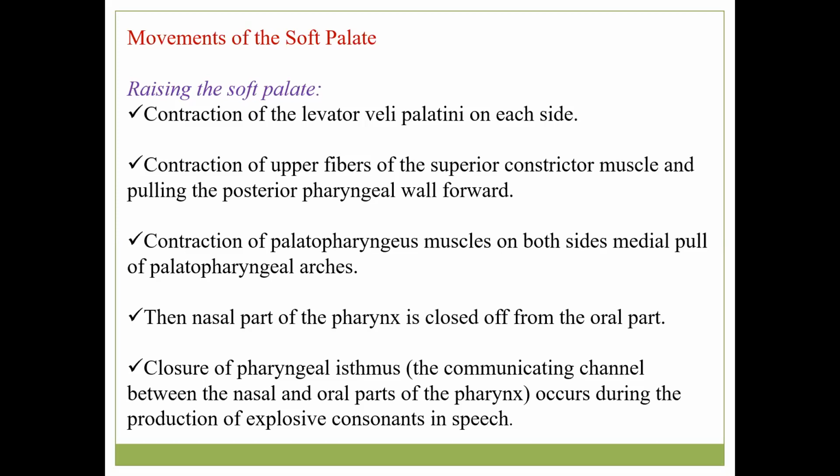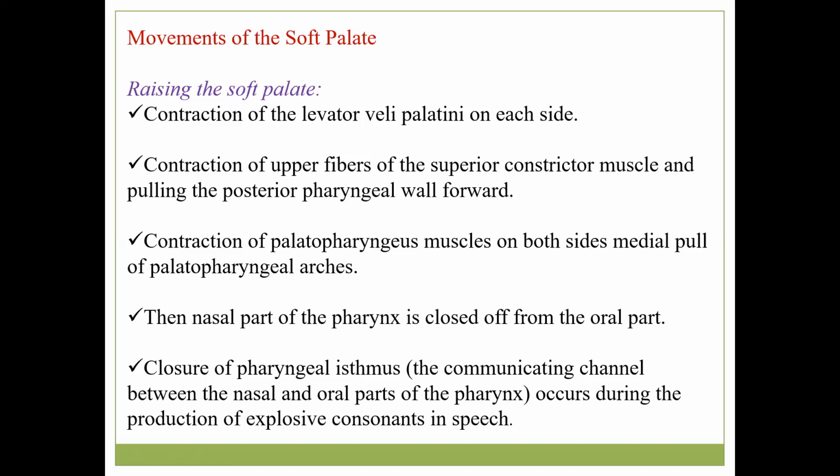So there are several actions that come together, such as the upper fibers of the superior constrictor muscle contract, and then the posterior pharyngeal wall pulls forward.